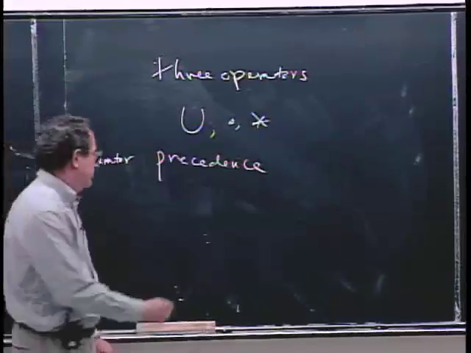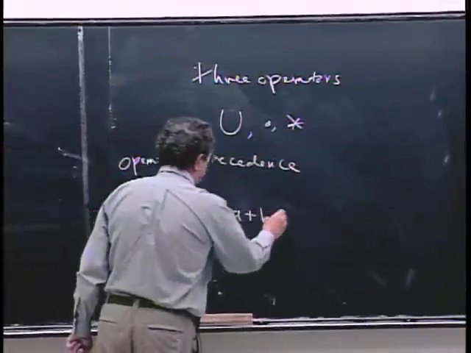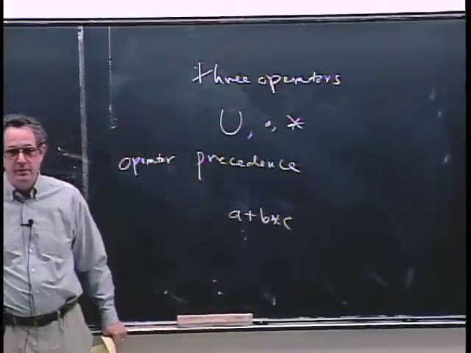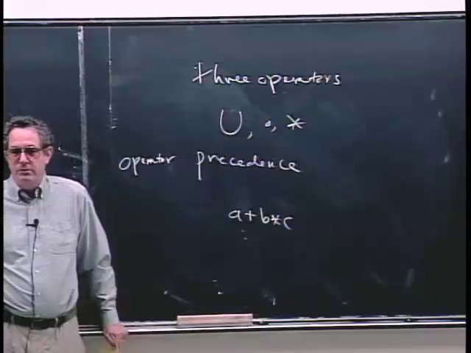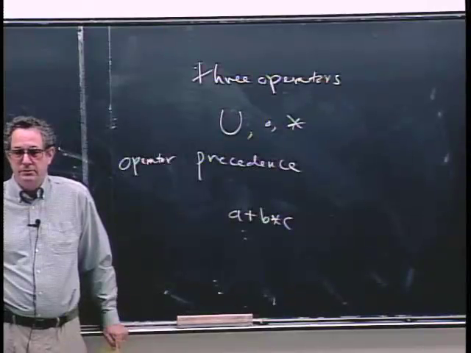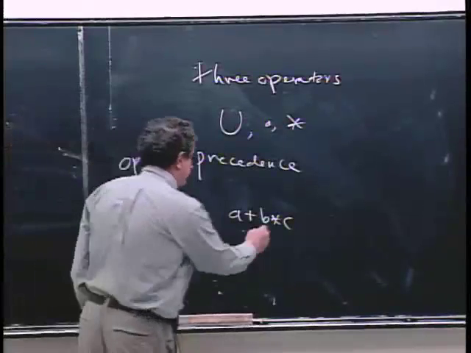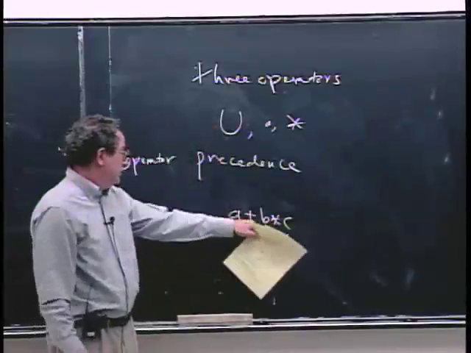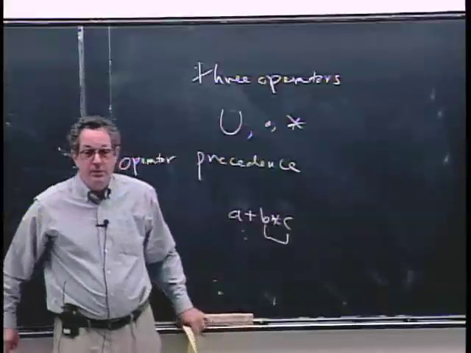If you see A plus B times C, and you don't have any parentheses in there, what's the order in which you do those operations? You do the multiplication first, right? That has higher precedence, and then you add A to what B times C is.